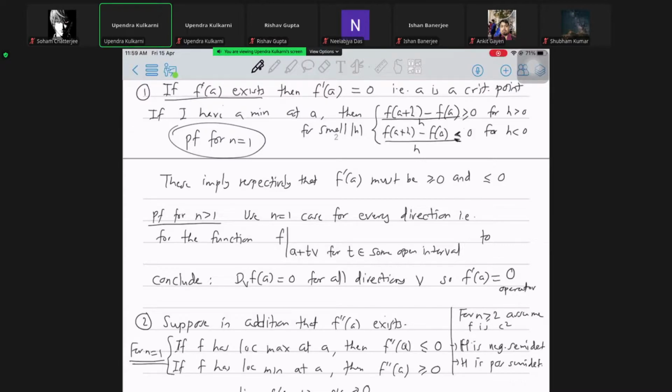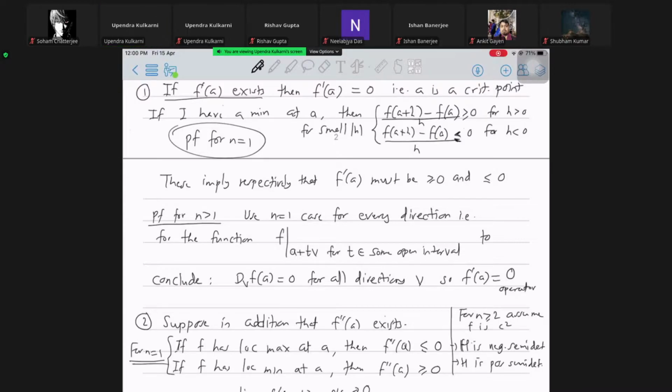Okay, so today what we want to do is in some ways prove a converse to this. That is, so far what we have in both of these items 1 and 2 is that we started with a local maximum or a minimum, and we said what has to be the case with the first derivative and the second derivative. But can we turn this around? At an interior point, if a function has a local maximum or a minimum, then it has to be a critical point.